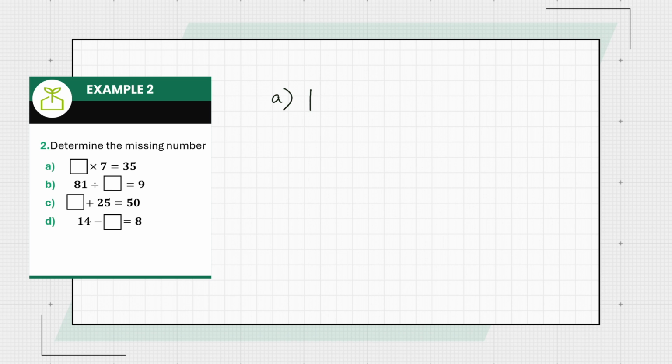Alright, let's get started. So we have some number when multiplied by 7 is equal to 35. Now if you know your times tables, you know that 5 times 7 is going to be 35. Next we have 81 divided by a number is equal to 9. Well again, if you know your times tables, you know that 9 times 9 is 81.